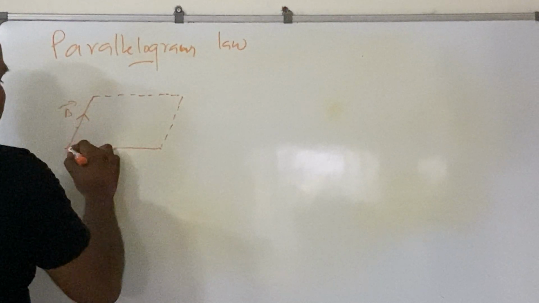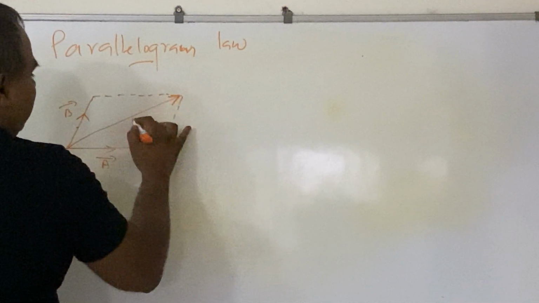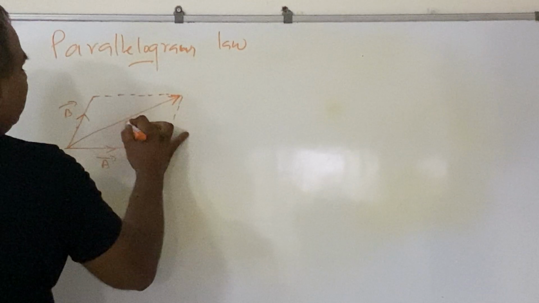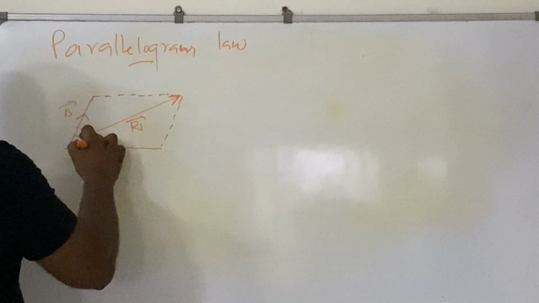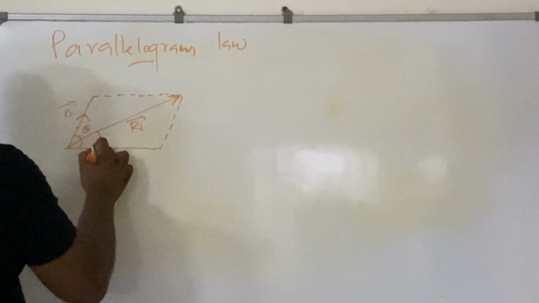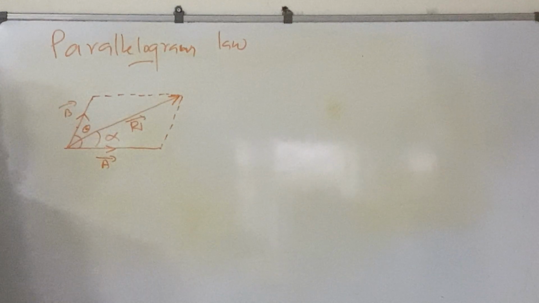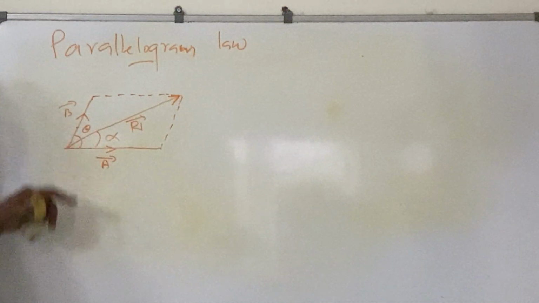This diagonal will give you the resultant vector. This is vector A plus vector B. Let this angle be theta and this angle be alpha. Understood? So vector R, vector A, vector B.